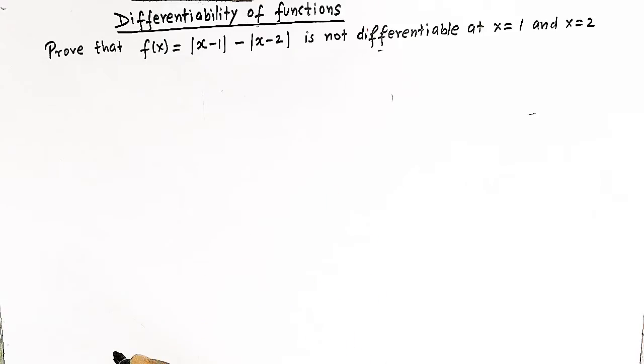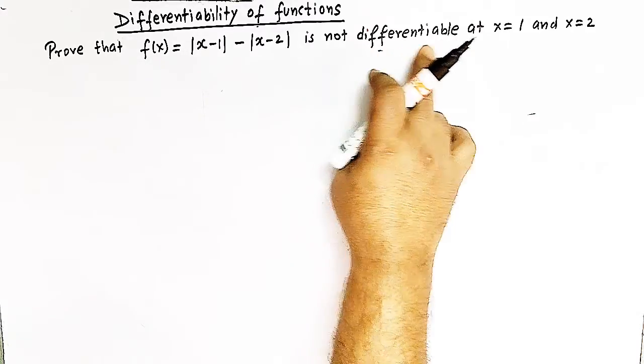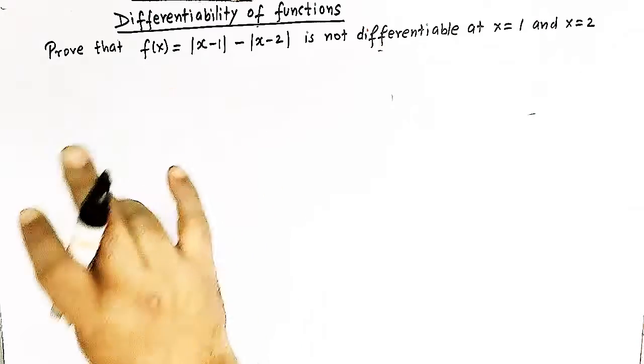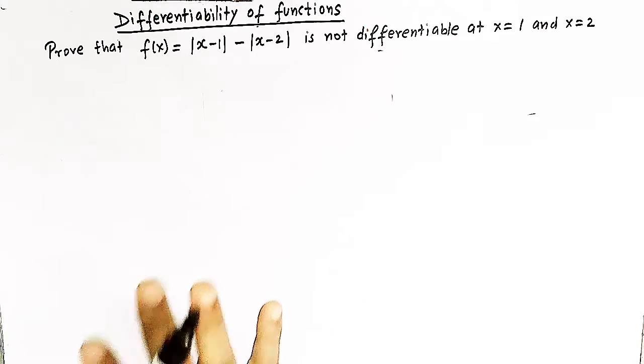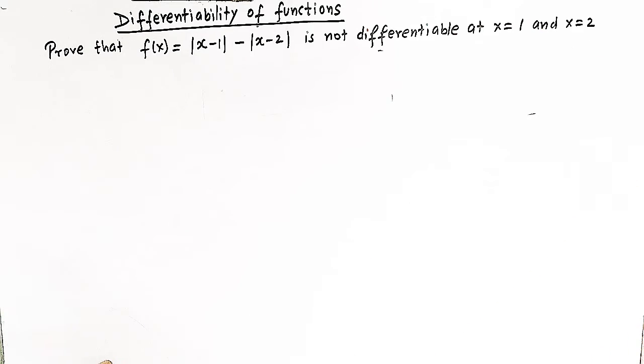Belonging to the set of real numbers. But this function is not differentiable at these 2 points, right? This function is differentiable for all values of x belonging to the set of real numbers except these 2 points, that is x is equal to 1 and x is equal to 2, right?